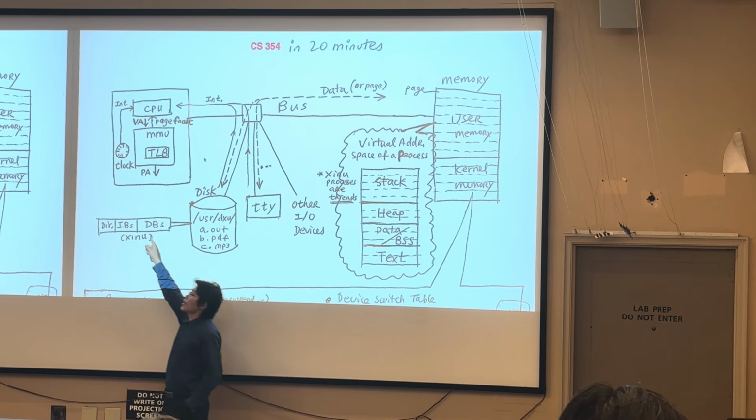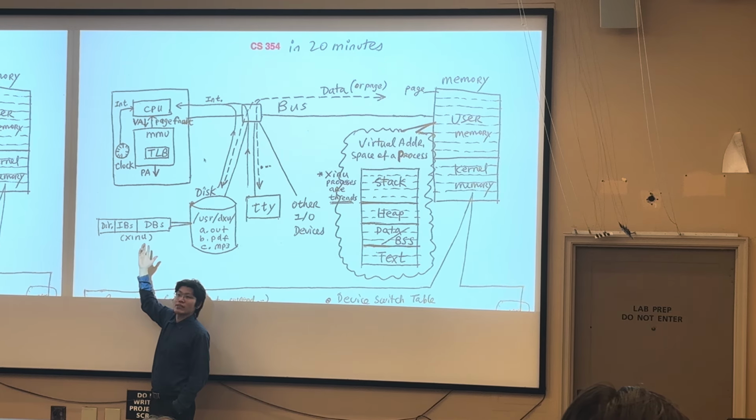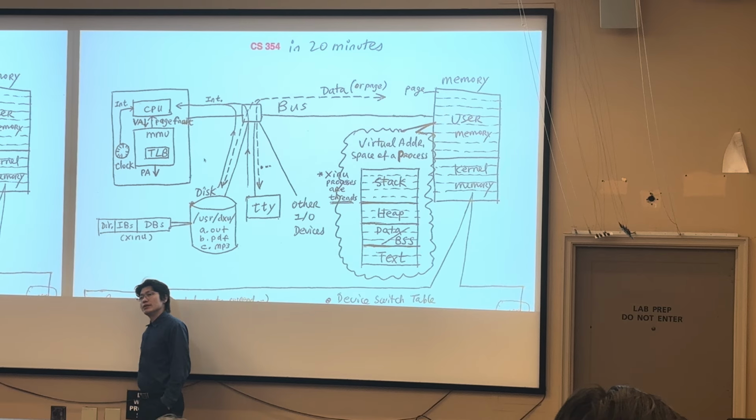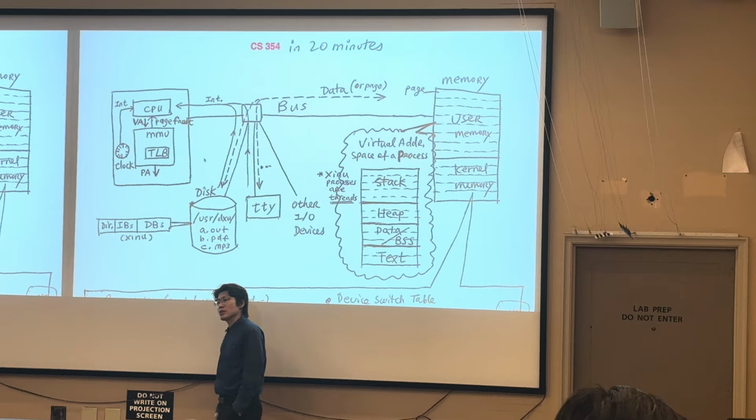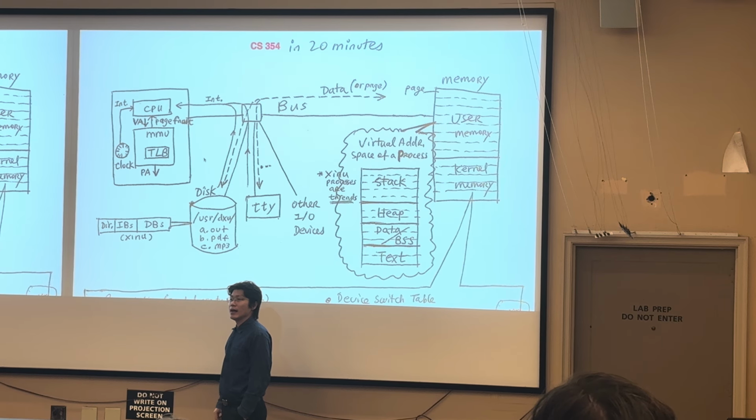Clock, and here clock is one example of the interrupt. So periodically it will trigger a timer interrupt, and so it will cause a context switch if there are multiple processes.